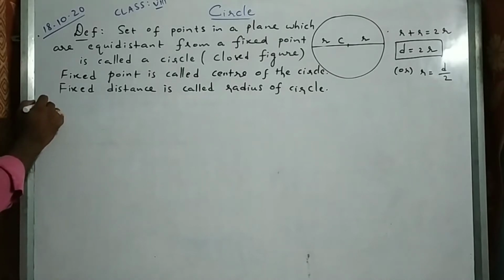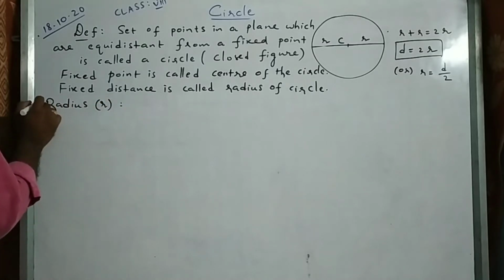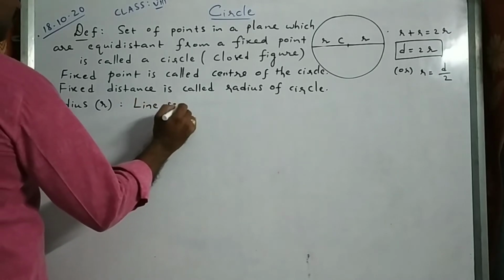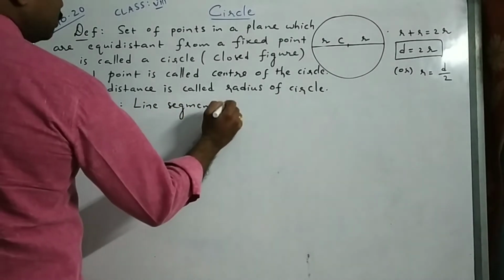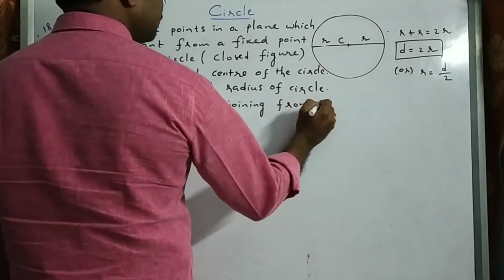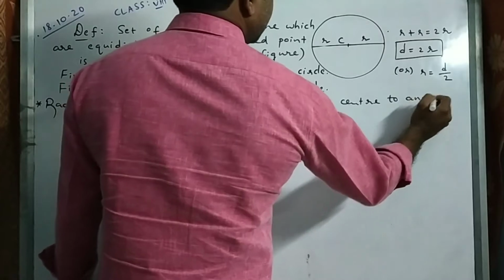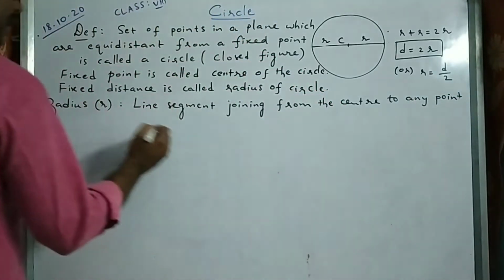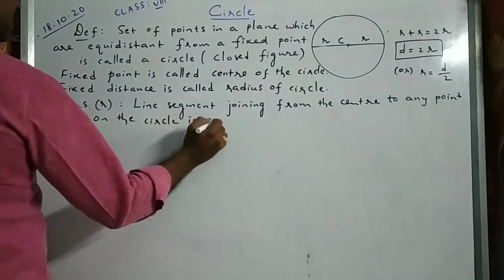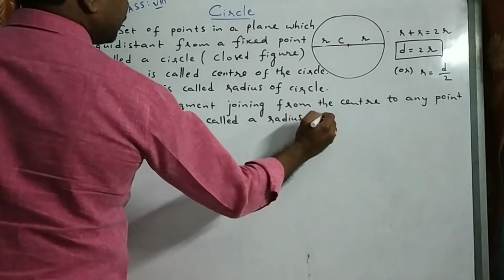Let us see, what is radius? Radius is denoted by small r. Line segment joining from the center to any point on the circle is called a radius r.